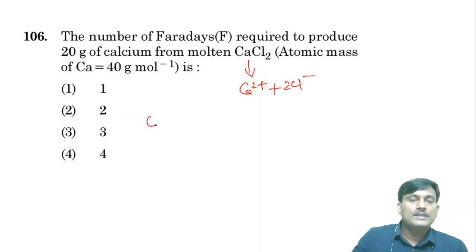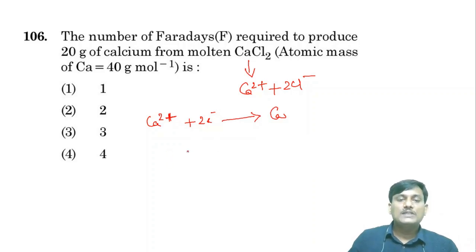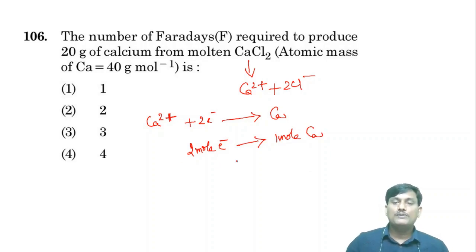At the cathode there is deposition of Ca2+, which accepts 2 electrons and forms Ca. From this equation, 2 moles of electrons generate 1 mole of calcium.